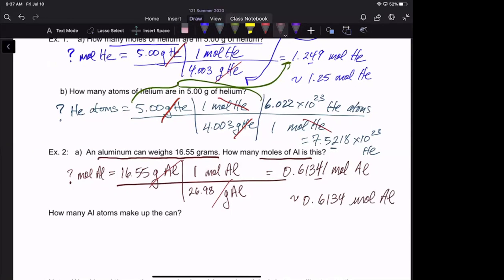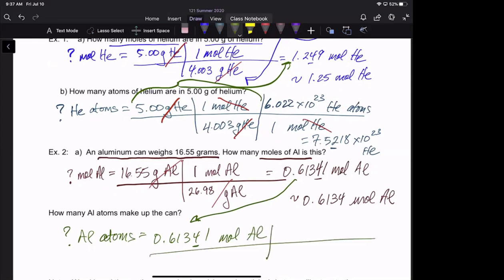Well, how many atoms are in that can? So how many aluminum atoms? I just found moles, so I can use that value here. I could also rewrite it. Now in this case, I'm going to keep that extra digit to make sure I don't have any rounding error introduced.